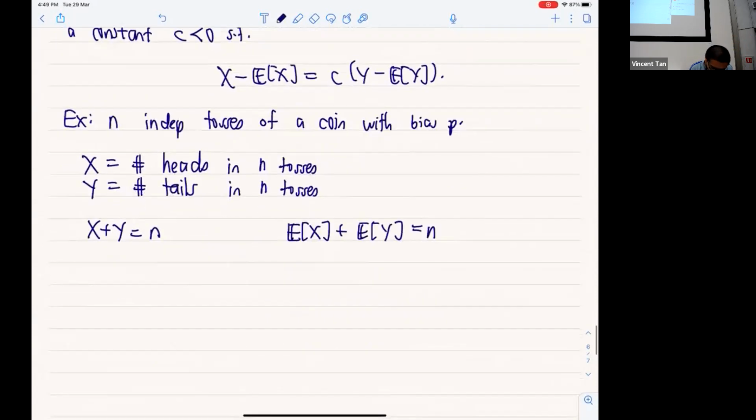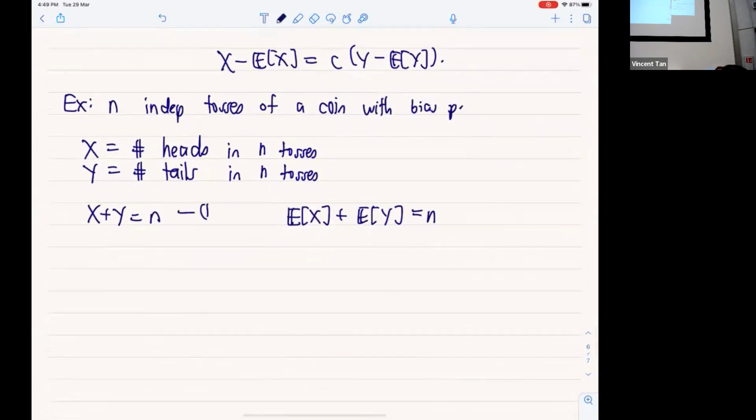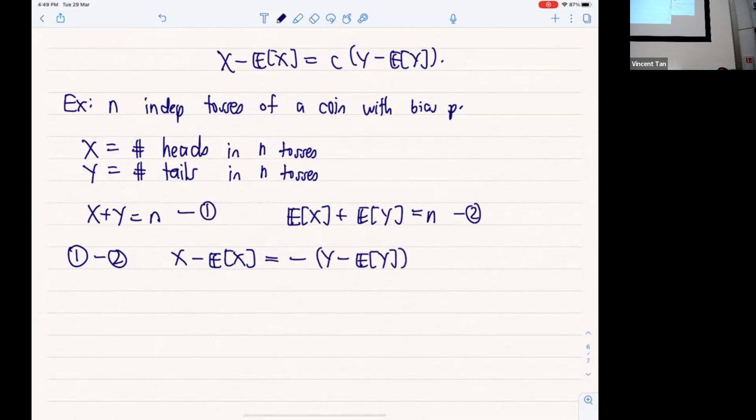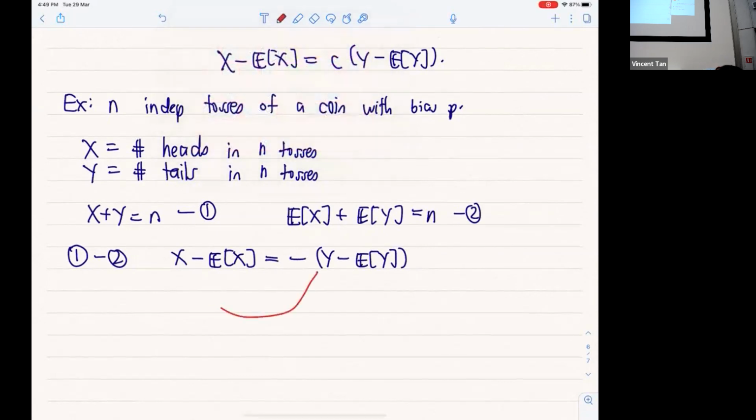So by combining these two equations, we take equation 1 minus equation 2, and we get X minus expectation value of X. Whatever we do, it holds that this is true, because when you add x and y together it is the same as adding their expectations.